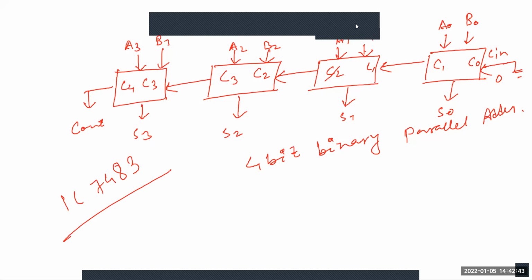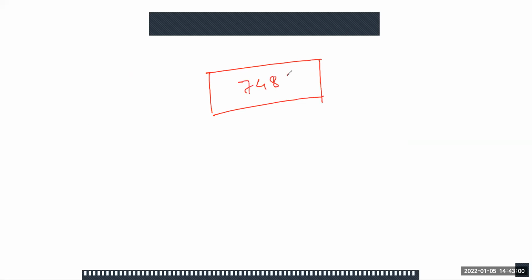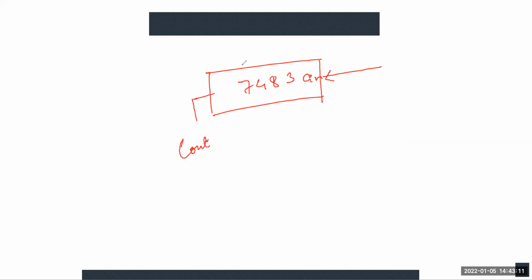I am just erasing these things. Suppose this is 7483. Suppose this is C in and this is C out.